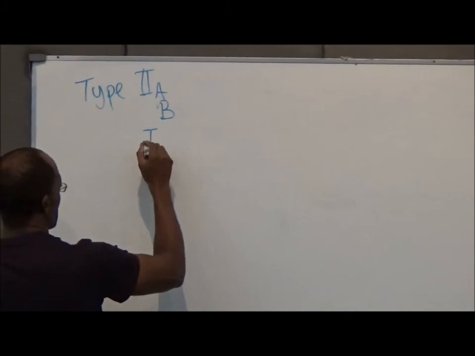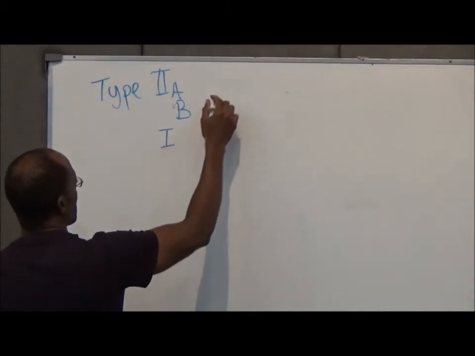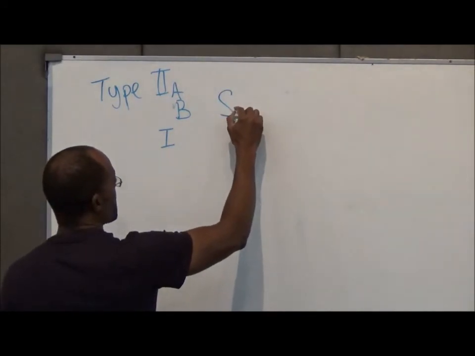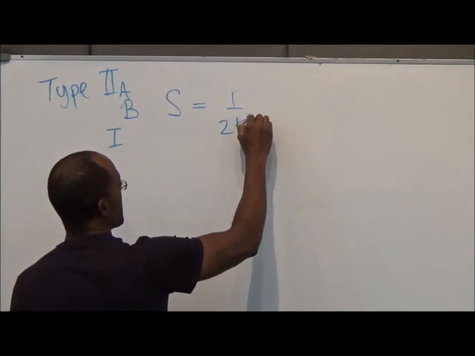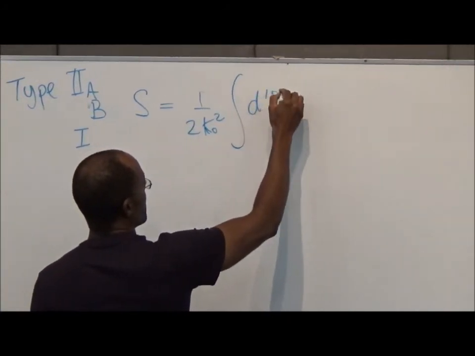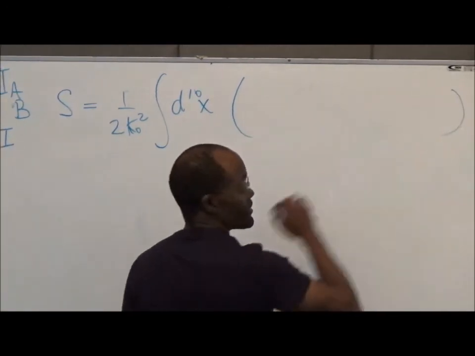Actually the same, we could also do it for type I too. So you have S, the 10-dimensional action, equal to 1 over 2κ² integral d^10x, etc., etc. You wrote all of that down.